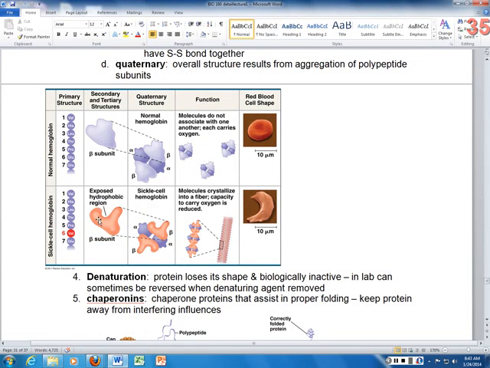Here it's a little bit different. It folds up, goes on to make the quaternary structure, and it's still going to be different. What it results in is the hemoglobin making the red blood cell sickle-shaped rather than this round shape. So it only takes the mutation in one letter to create sickle cell anemia.